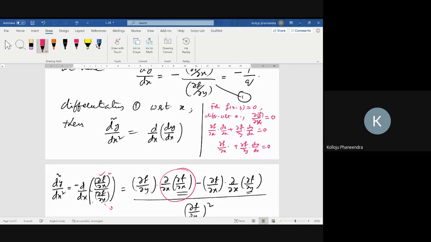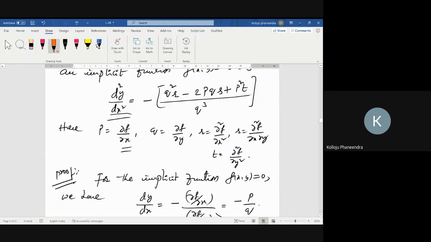All of you keep this in mind: f(x,y) = 0, differentiating this with respect to x means ∂f/∂x. And what is this ∂f/∂x? Exactly this. Just now we did it in the first derivative.